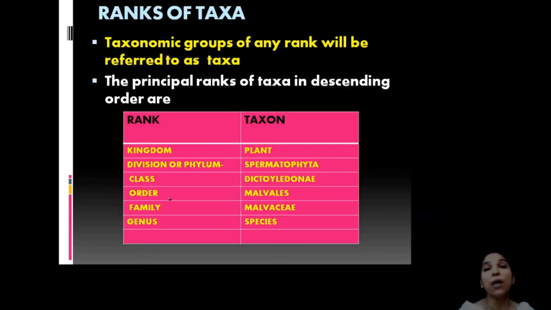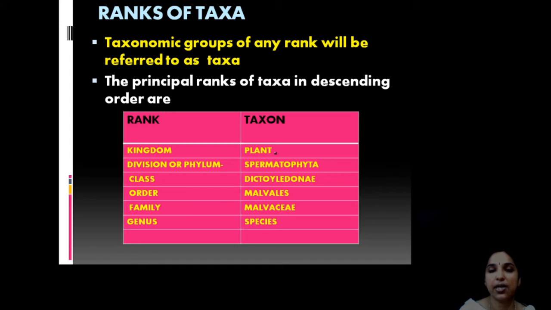Now we are moving to discuss ranks of taxa. What are ranks of taxa? A taxonomic group of any rank is referred to as ranks of taxa. So, principal ranks of taxa in descending order. See, rank and taxon are given. Kingdom is the first rank and the taxon is plant. Sorry, it is Plantae.